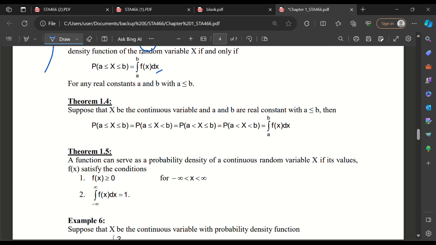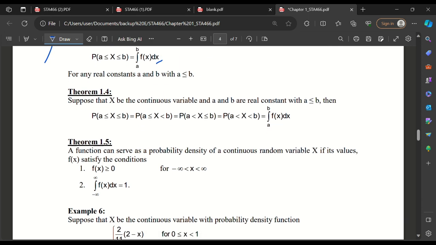If a and b are constants, to find the probability of x from a to b, we can integrate the function of x from a to b.